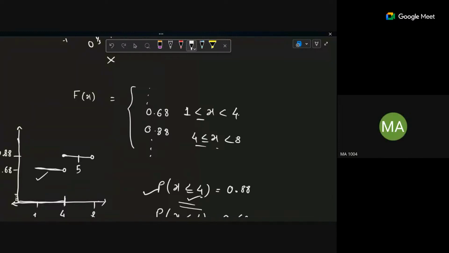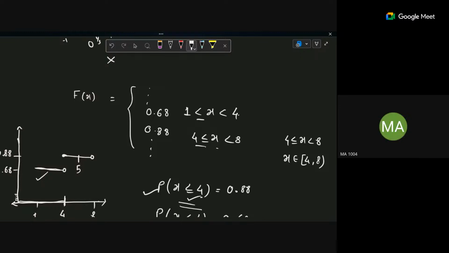Okay. If I am asking you, x is lying between 4 to 8, what is the other representation to represent the same thing? x belongs to closed interval 4 to open interval 8, right? Yeah, that means 4 included.